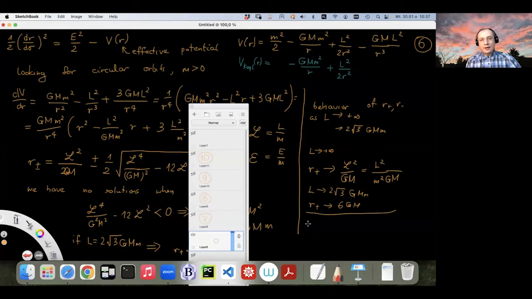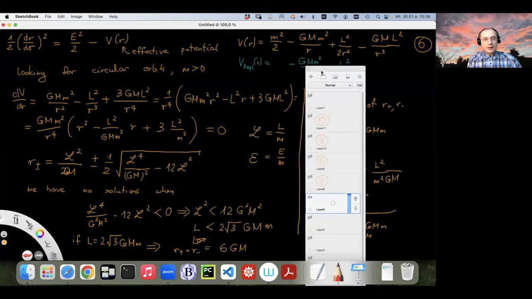What is happening with R minus in that case? That's interesting. Obviously, if L goes to 2 square root of 3 GMm, we know that R minus has to approach 6GM from below. But what happens when L goes to infinity?